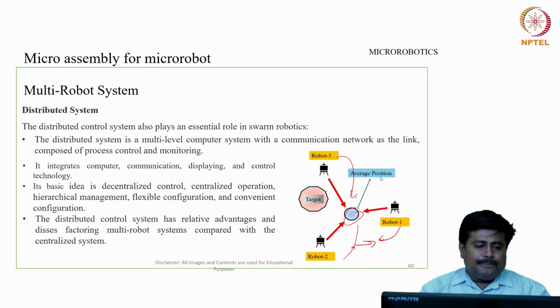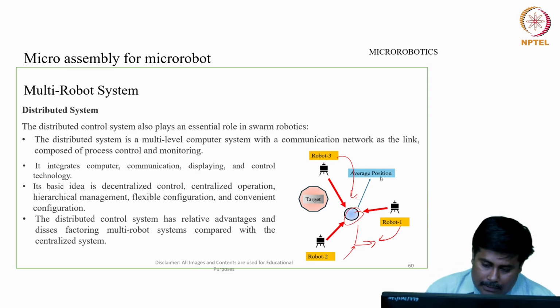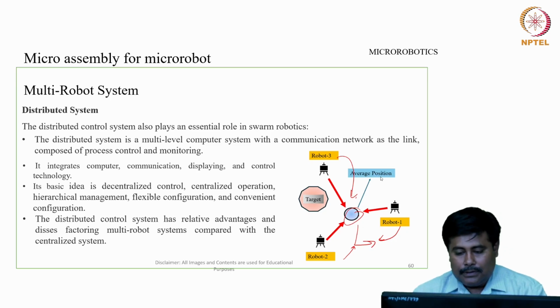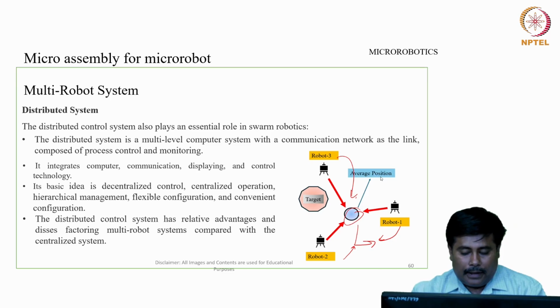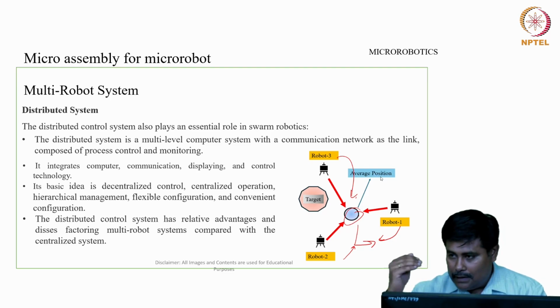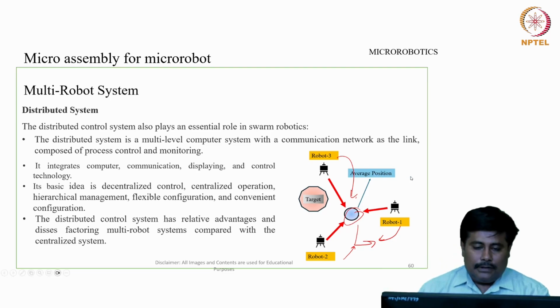This is one of the key aspects to be considered with reference to the multi-robot system. Overall, we have the robotic systems in place with their average position at the target, and appropriate calculations are maintained so that there is an optimum movement.